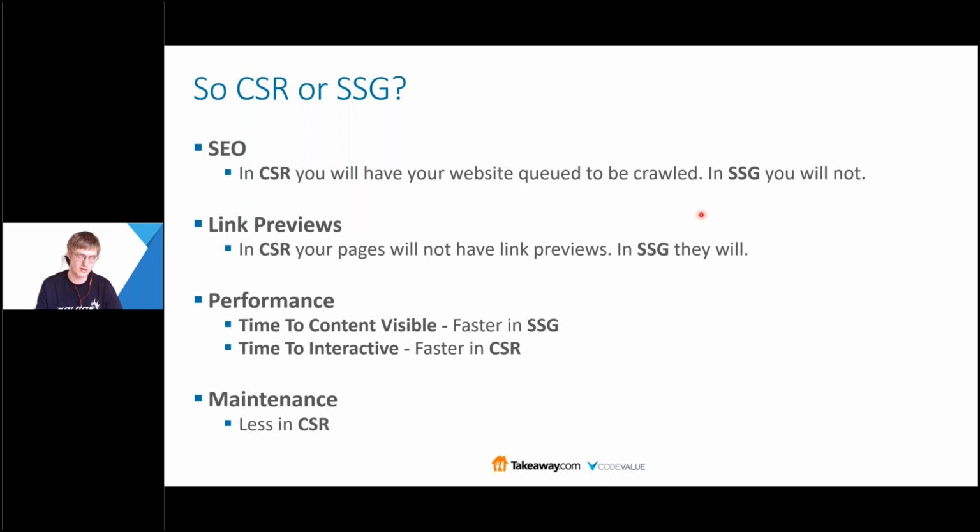But client-side rendering is probably not for you if you don't want to be queued. In terms of link previews, you can't solve it with client-side rendering alone. So SSG is the solution here, because the bots of the preview will receive all the content right away. They will be able to generate all the previews.